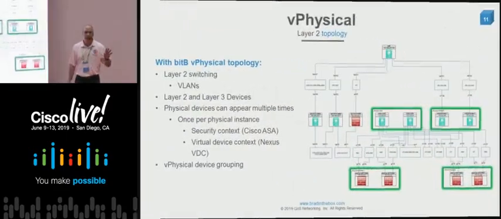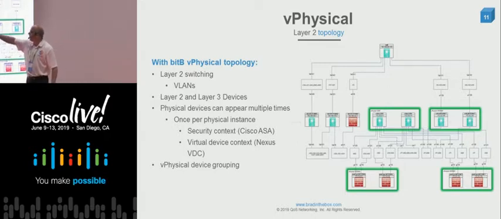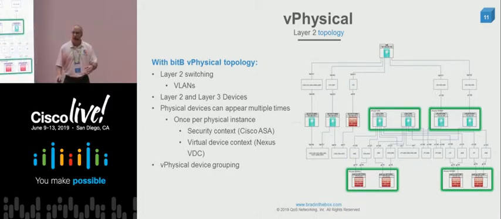Next slide. The V-physical. This is new, probably, to everyone. We call it the virtual physical. You need to have a drawing that will show you the virtualization of a physical device. This shows you that. So again, we're still doing layer 2 switching, and we're still doing layer 2 and layer 3 devices. But now I've created another device instance and another object on the map of that device instance. So if it's a security context or a VDC, we're going to show that to you.